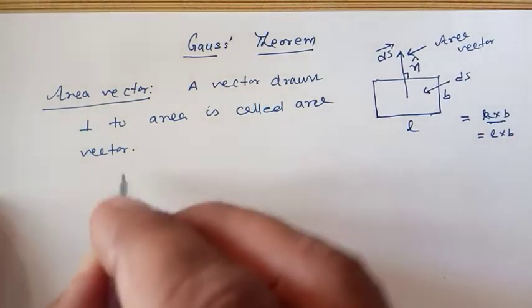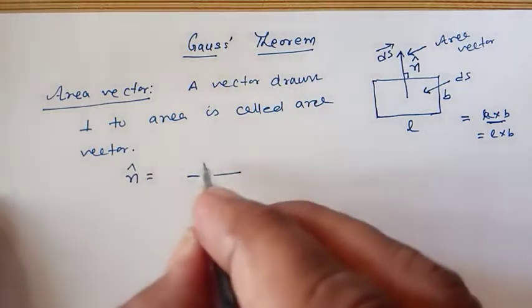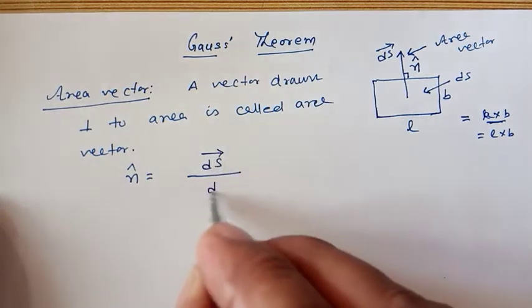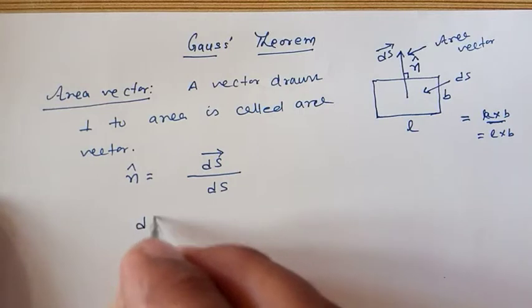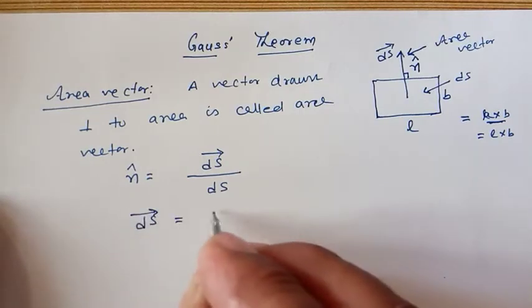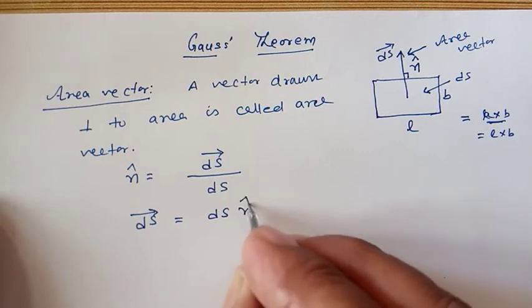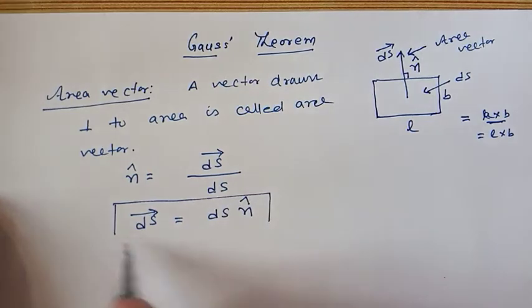So you know unit vector is a vector divided by its magnitude. So ds vector over its magnitude is what? ds. So now area vector ds is equal to magnitude of vector ds into unit vector n. So in this way you will represent the area vector.